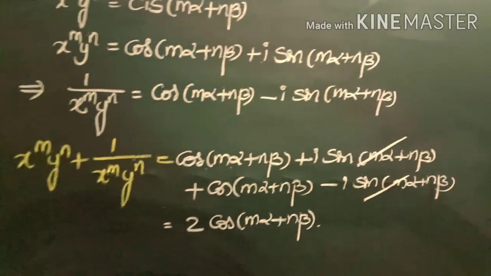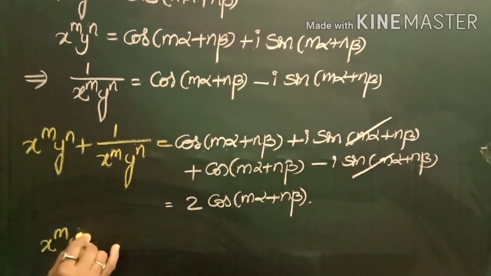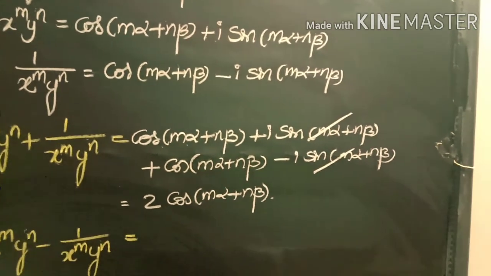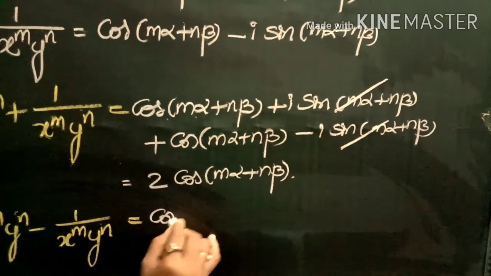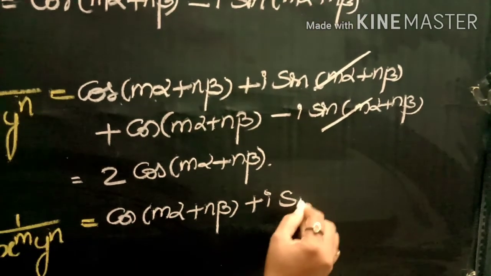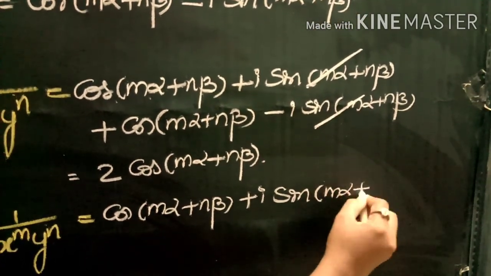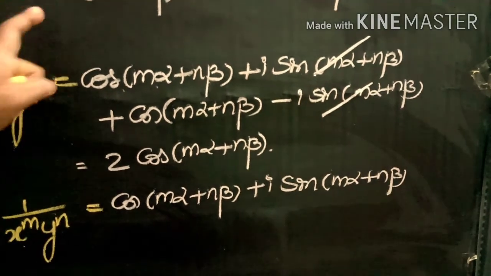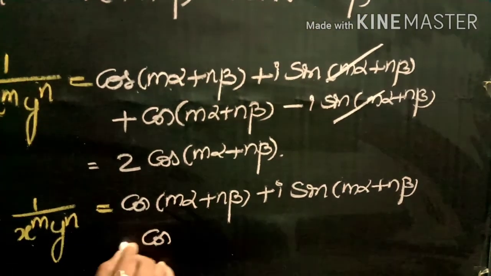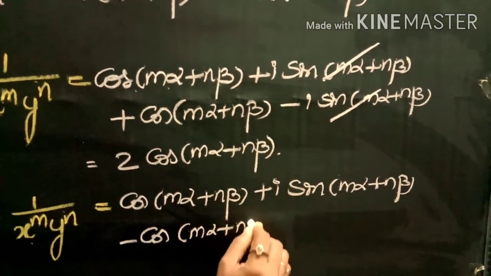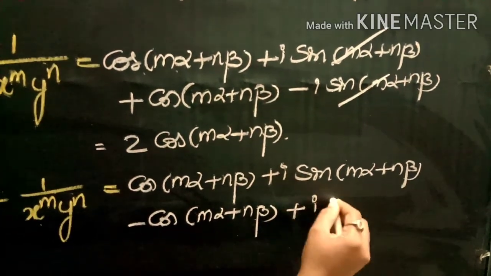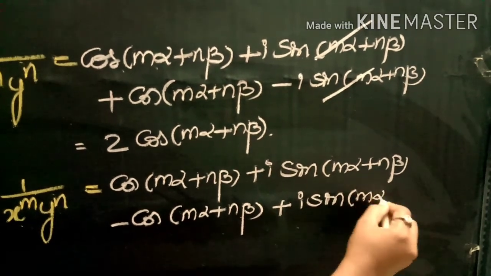And the second value, x^m y^n - 1/(x^m y^n) is equal to, so first value cos(mα + nβ) + i sin(mα + nβ) minus of this value, that is minus cos(mα + nβ) minus of minus plus i sin(mα + nβ).